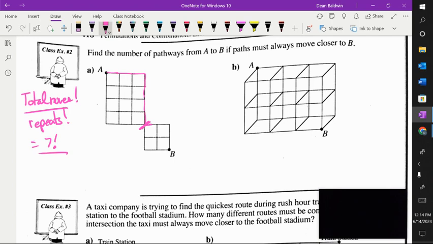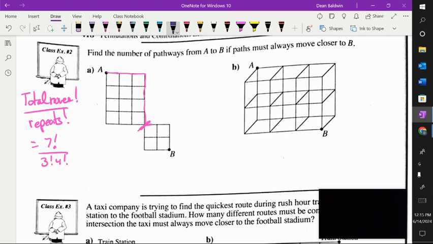And then you look at the repeats. How many moves right do I have to make? 3. How many moves down do I have to make? 4. So you divide by 3 factorial, 4 factorial. Then you have to do this one. So we're going from this.